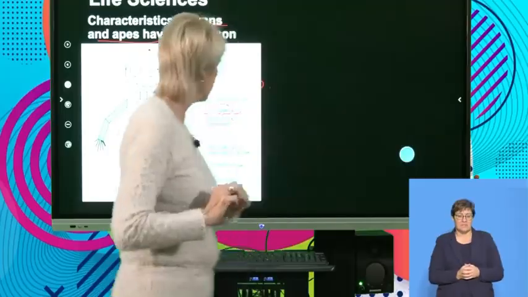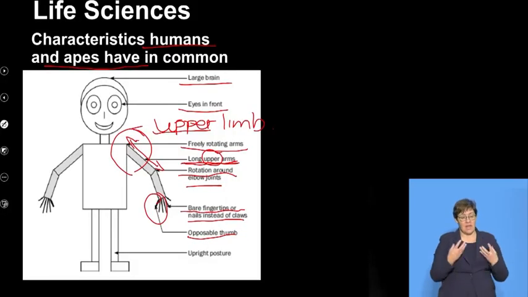It can help you to grip. It helps us with precision movement. I can pick up something small, I can do small things. So it basically sets us apart from other animals who don't have that opposable thumb. And then the last thing we look at is that we have an upright posture.